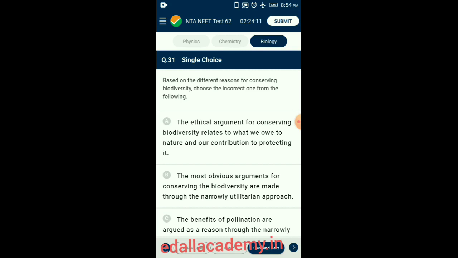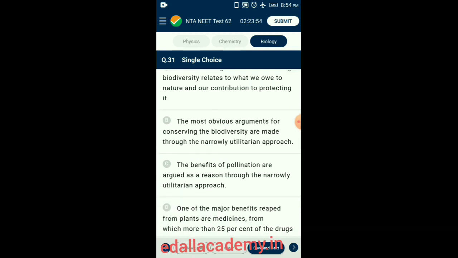Pollination, without which plants cannot give us fruits or seeds, is another service. Ecosystems provide this through pollinators: bees, bumblebees, birds, and bats. So the correct option is option C. The benefits of pollination are argued as a reason through a narrowly utilitarian approach.